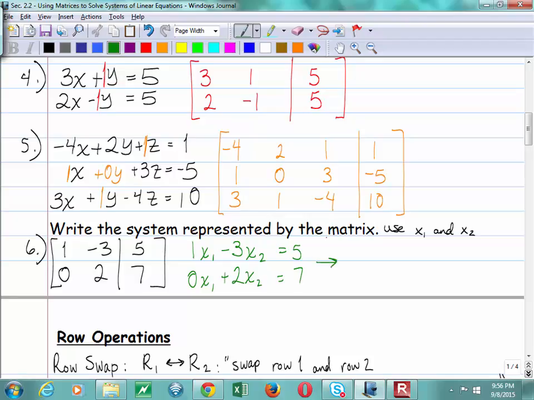And we can simplify that a little bit by just saying x1 minus 3x2 equals 5, and then 2x2 equals 7. And so that would be the system that's represented by that matrix.